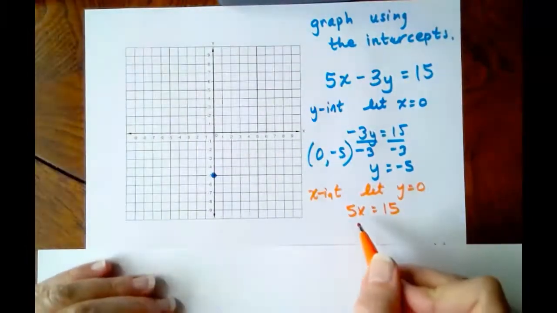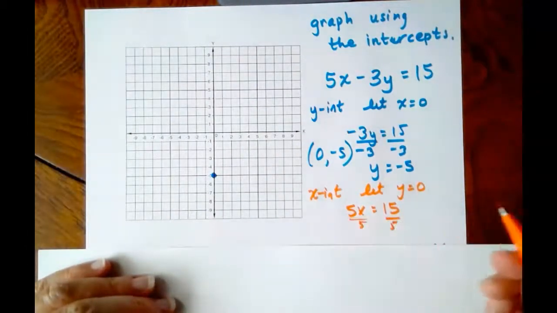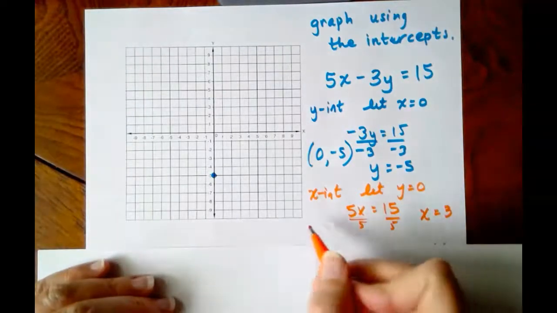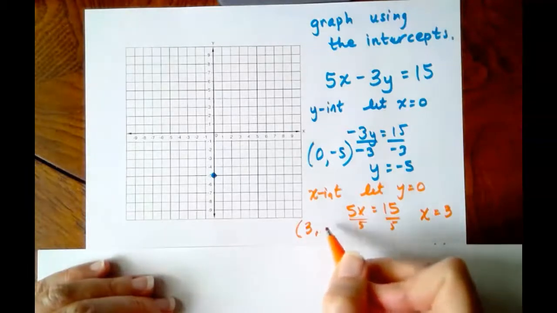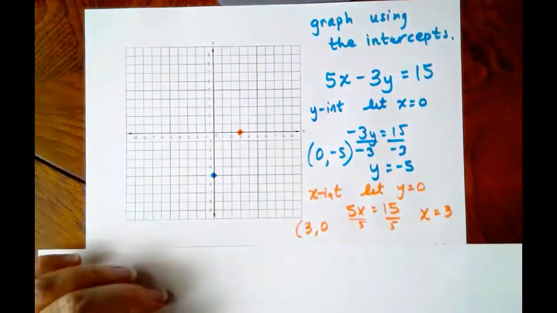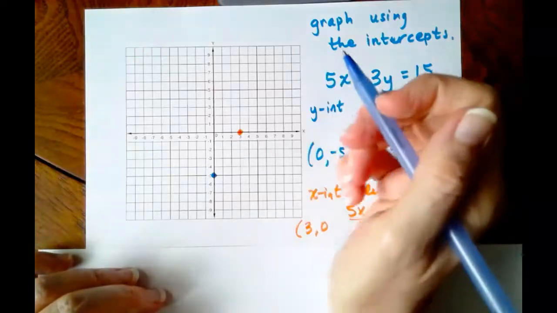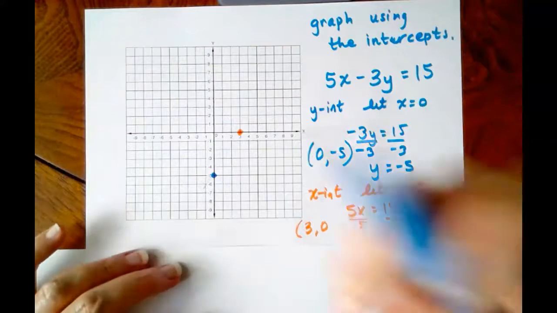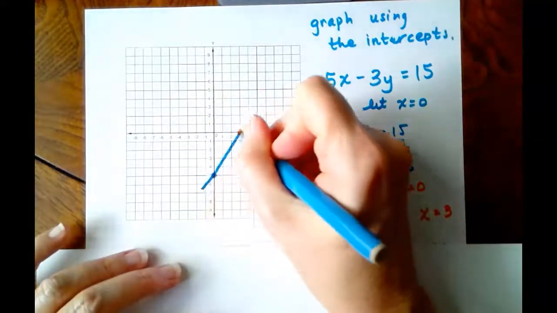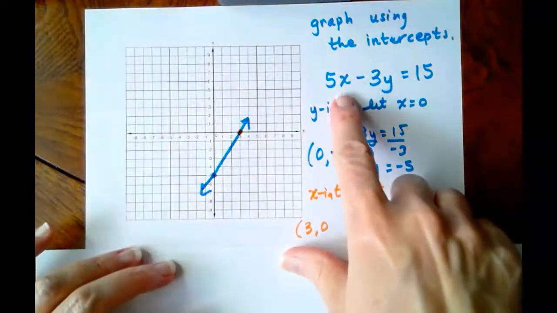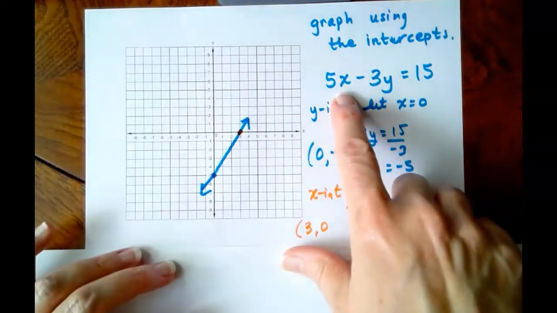Divide by 5, x equals 3, which translates to the point (3, 0). Over 3, up 0, and now we can graph the line in between the 2 points. It looks something like that. That is the line formed by the equation 5x minus 3y equals 15.